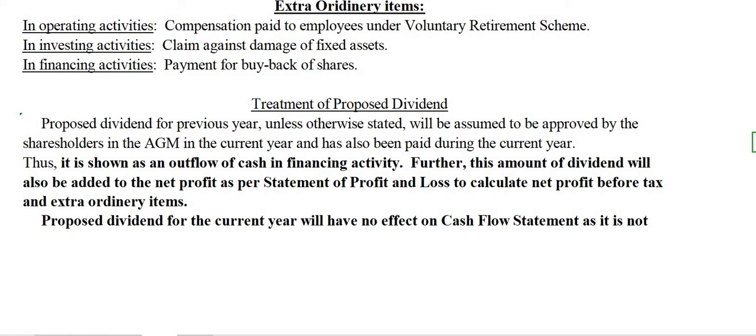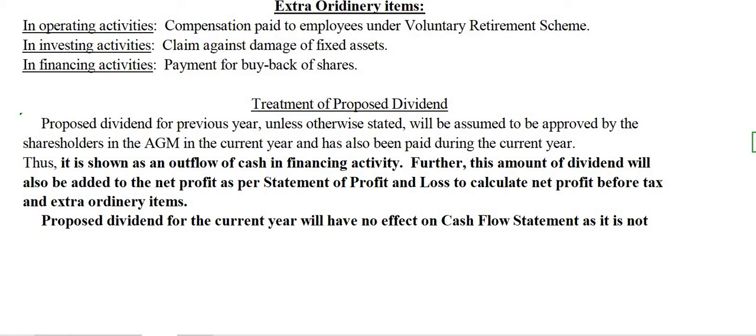And this amount of dividend will also be added to net profit because it was deducted from net profit. Profit only we are giving. So it will be added to net profit as per the statement of profit and loss at the time of calculating net profit before interest, tax and extraordinary item.